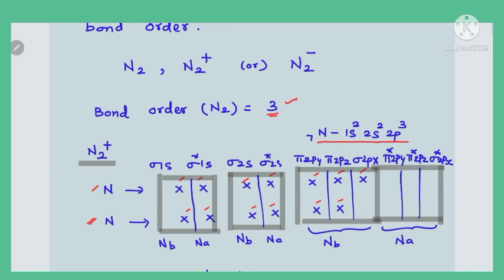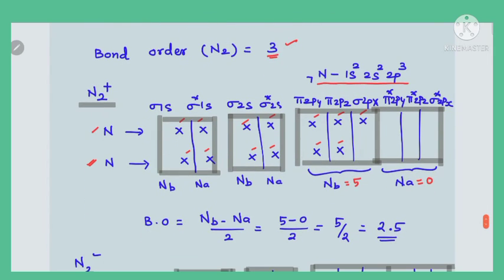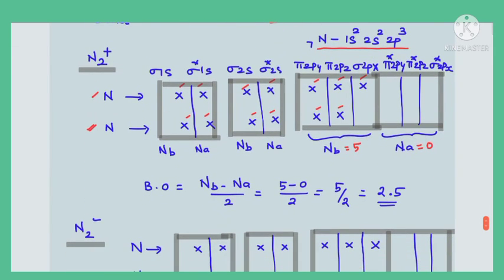Now you can see the bonding molecular orbitals are filled with 5 electrons, Nb is 5. The anti-bonding molecular orbital is empty, Na is 0. Now I calculate the bond order using the formula Nb minus Na by 2. 5 minus 0 divided by 2, 5 by 2 is 2.5. So for the N2 plus ion, the bond order is 2.5.